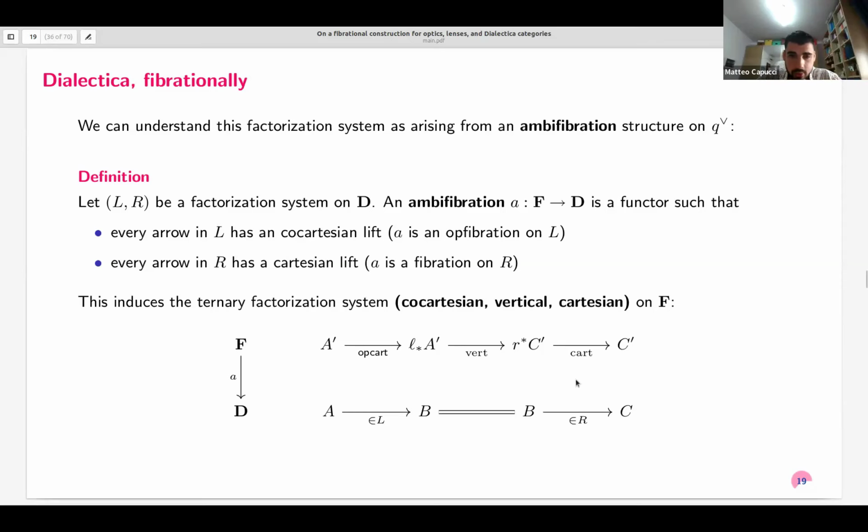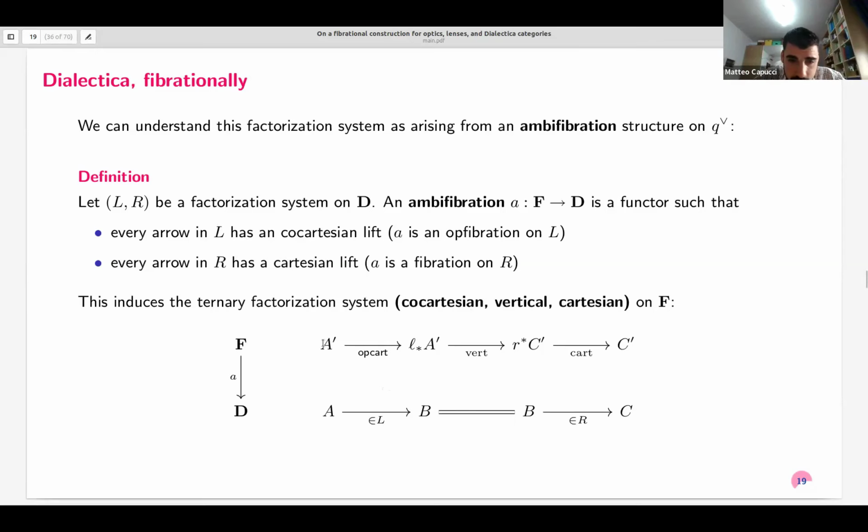Okay, so we can display it like this, right? In D, we have arrows which are made of two pieces, a piece in L and a piece in R. And then over it, we can always form this sort of two-sided lift, right?